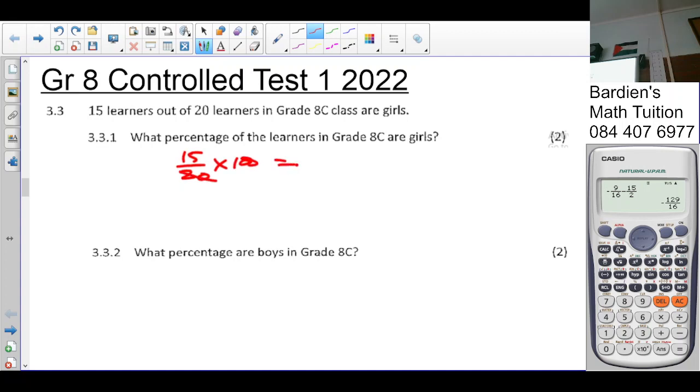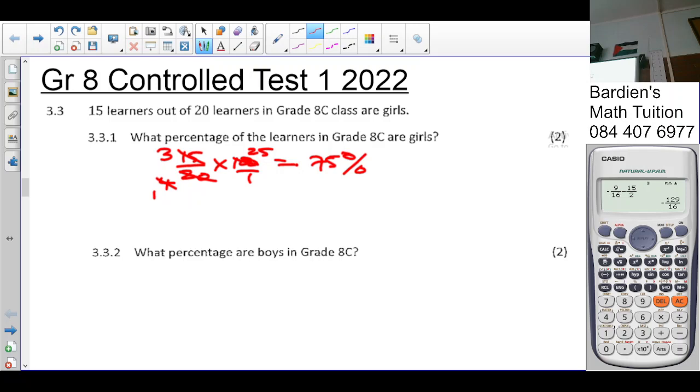So 5 goes into 15 3 times, 5 goes into 20 4 times, 4 going into 100, 25 times. 3 times 25 is 75. So 75% of the class is girls. Or you could have said straight 75%. It could have been 3 over 4, 75%.